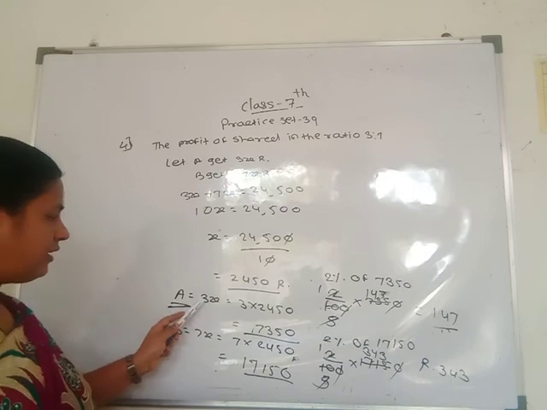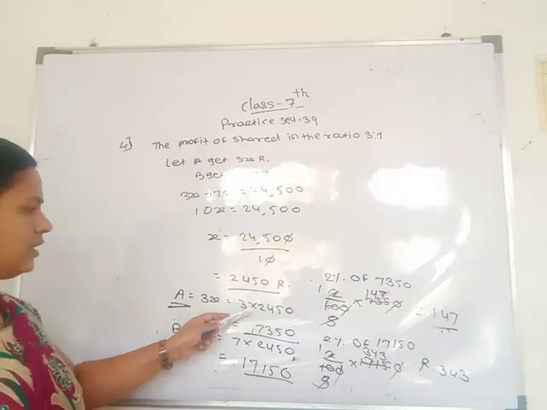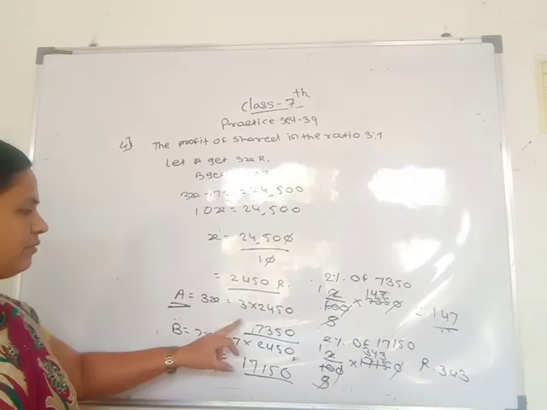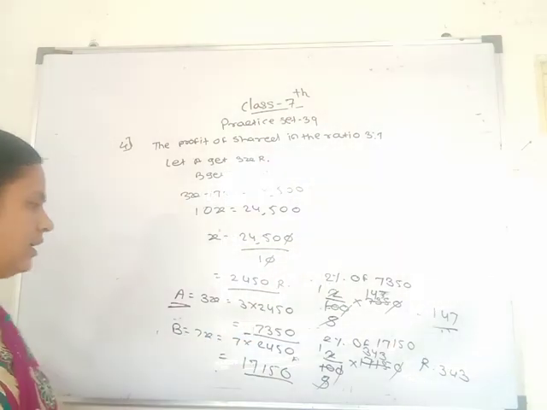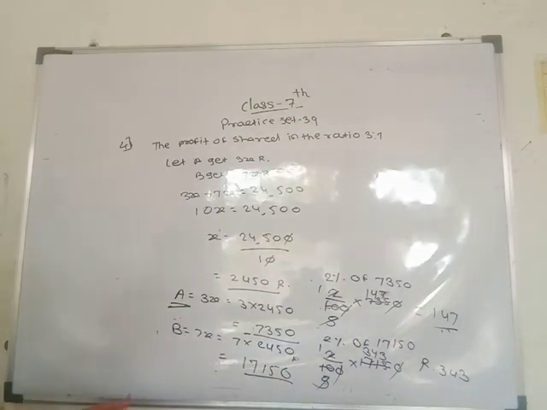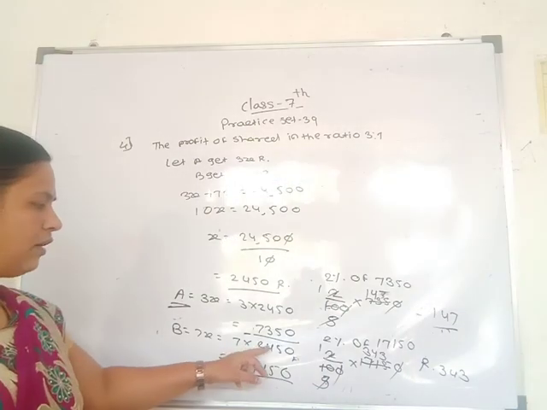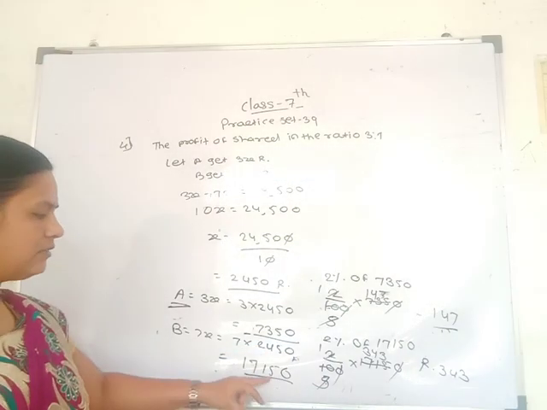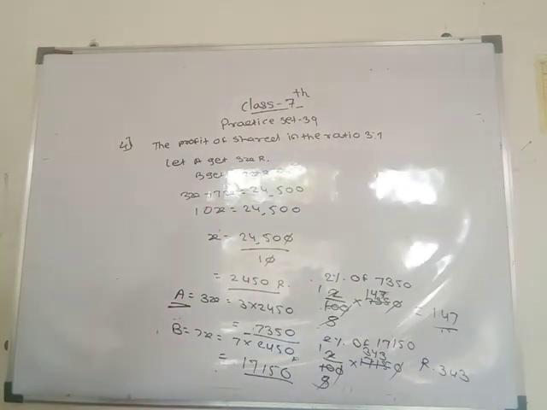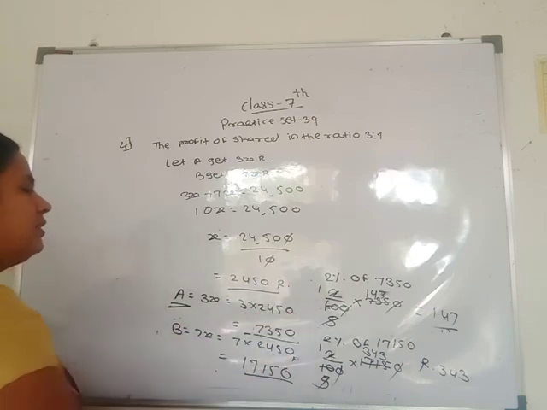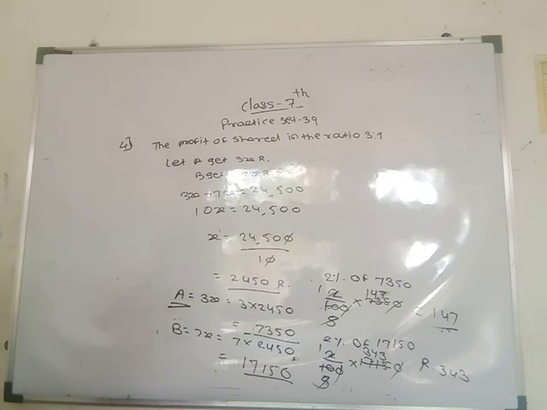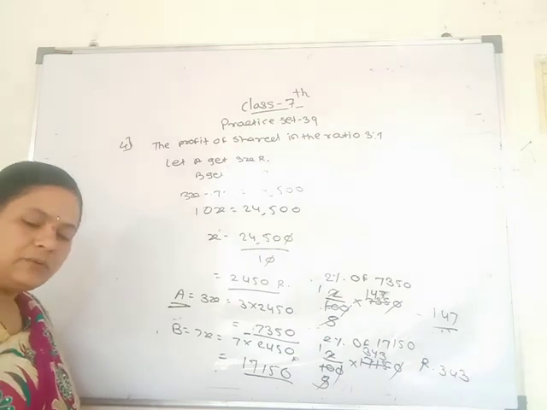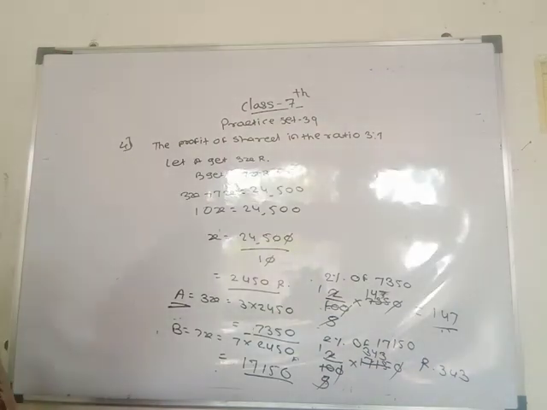A is 3x, means 3 into 2,450, the answer is 7,350, and B is 7x, means 7 into 2,450, which is 17,150. Then 2% of each: 2 divided by 100 into 7,350 is rupees 147, and the second answer is rupees 343.